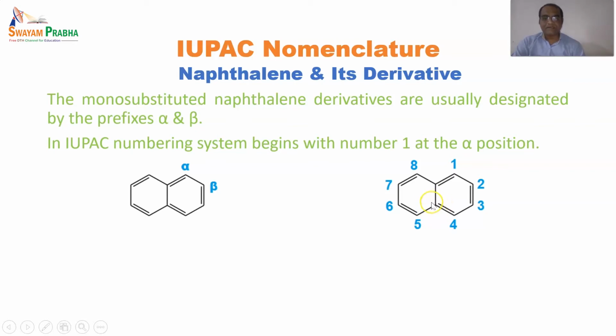It has been neglected because all 4 bonds of the carbon are used, which does not allow any type of substitution, because there is no hydrogen over here. And after that 5, 6, 7, 8 respectively.